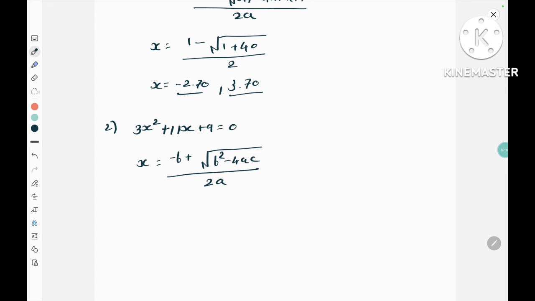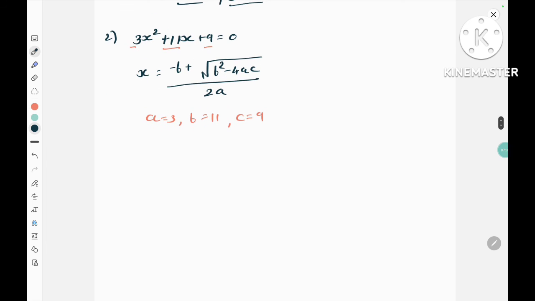Okay, pause this video and try on your own, then compare your answer. If you are not sure, first write the values of a, b and c. a equals 3, b equals 11, which is positive, and c equals 9, also positive.